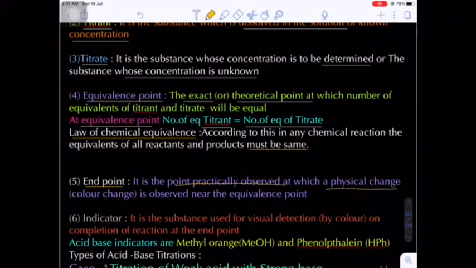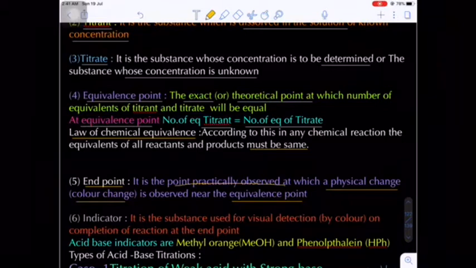Now the next point is the end point. The end point is a practically observed point during the acid base reaction at which a physical change, nothing but a color change, occurs near the equivalence point.